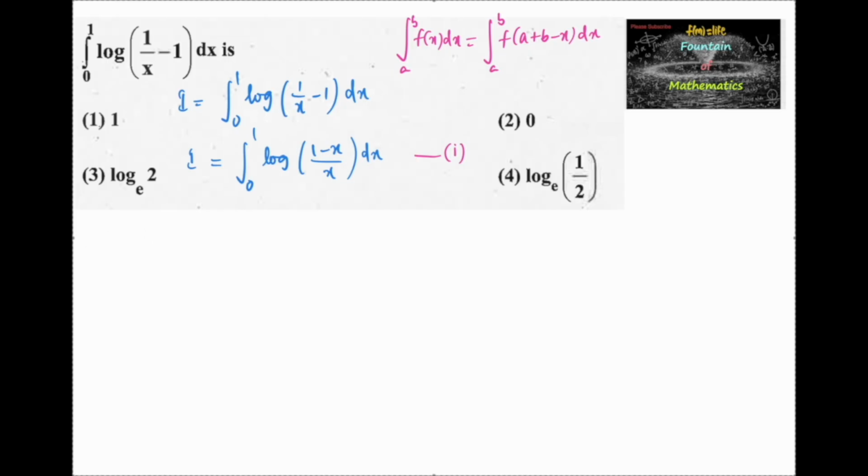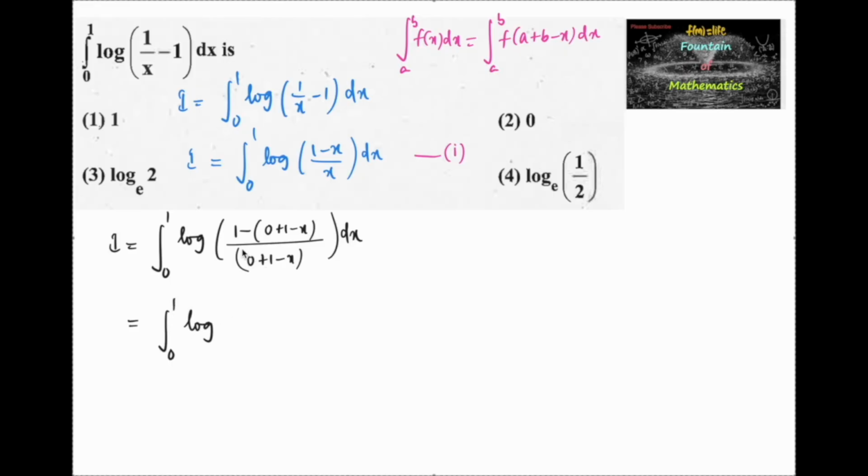So here I is equal to integral 0 to 1 log of (1 minus (0 plus 1 minus x)) divided by (0 plus 1 minus x) dx, which is equal to integral 0 to 1 log of x divided by (1 minus x) dx.